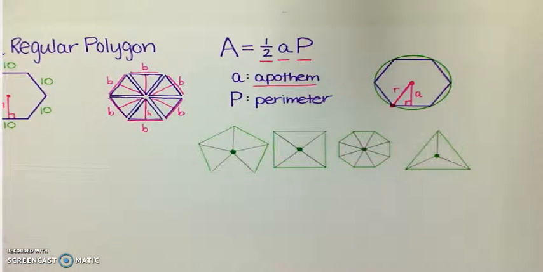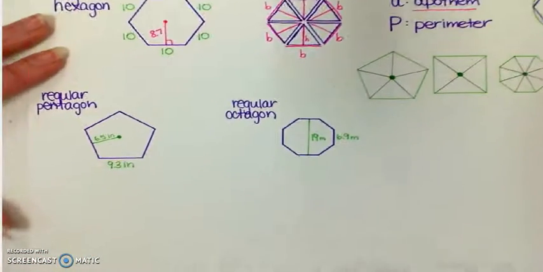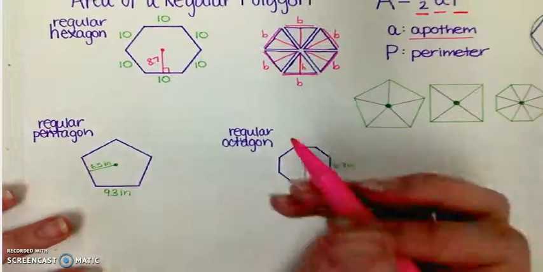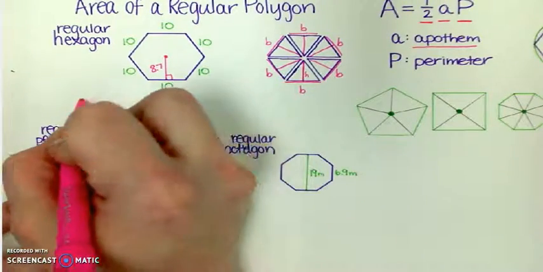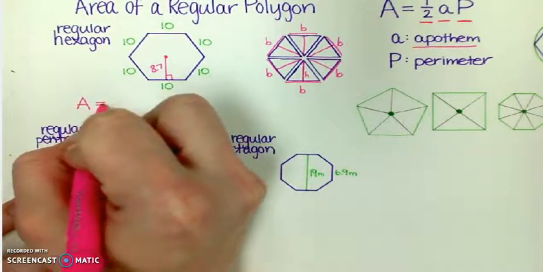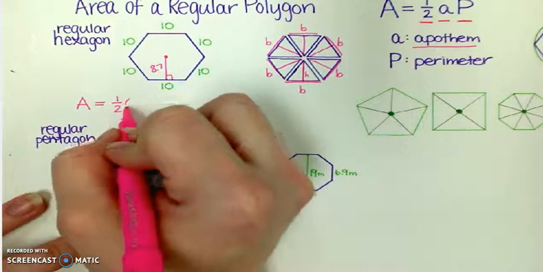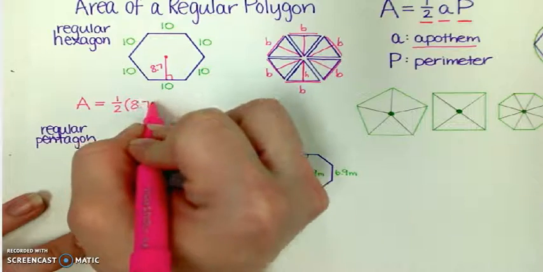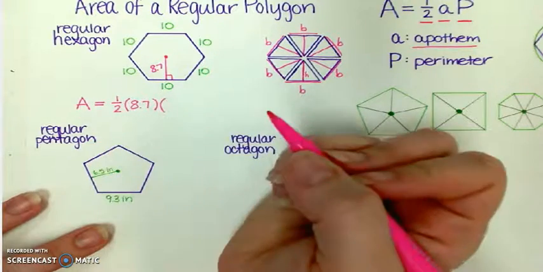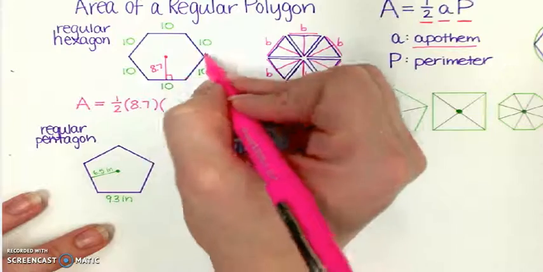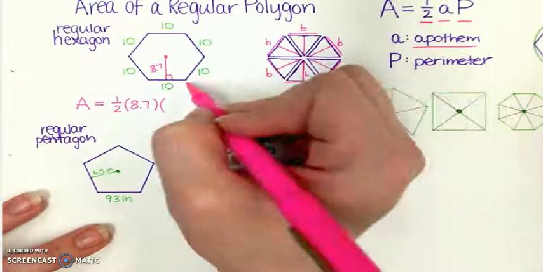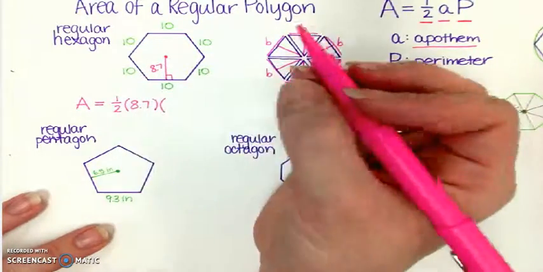So let's just do a couple of examples. Well, maybe we should do this hexagon. All we would have to do to find the area of that hexagon is to take 1/2 times the apothem times the perimeter. And perimeter is just adding all those sides together. So we'd add 6 10s in this example.